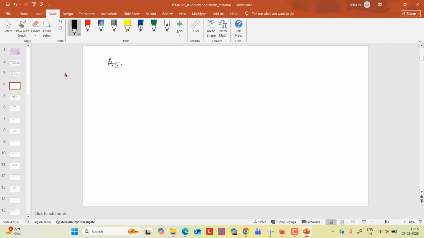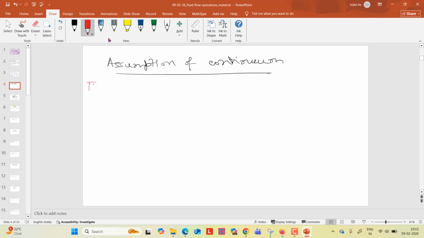So what is continuum? The assumption of continuum means that the fluid is considered as a continuous distribution of matter.